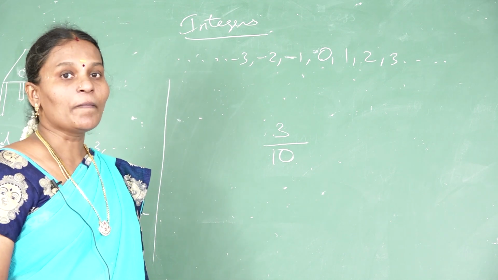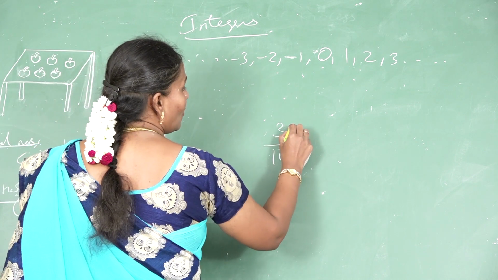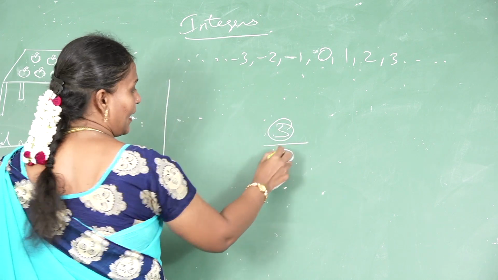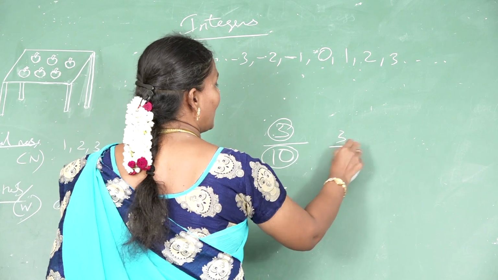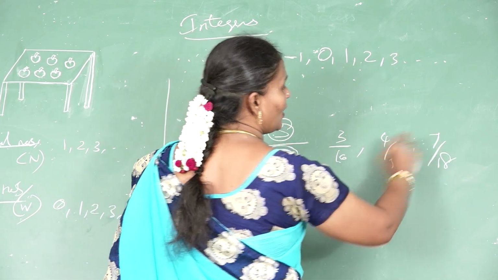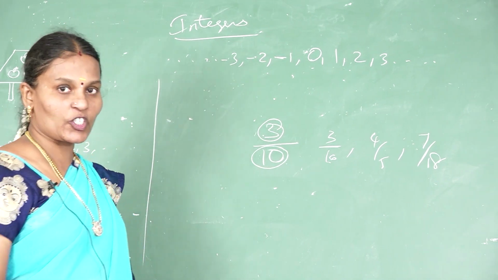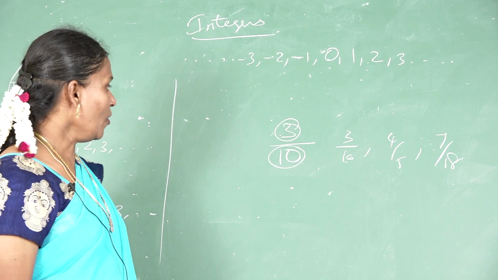That is called a fraction. See here, 3 is a whole number and 10 is also a whole number. So 3 by 10, 4 by 5, 7 by 18 are called fractions. Do you understand?